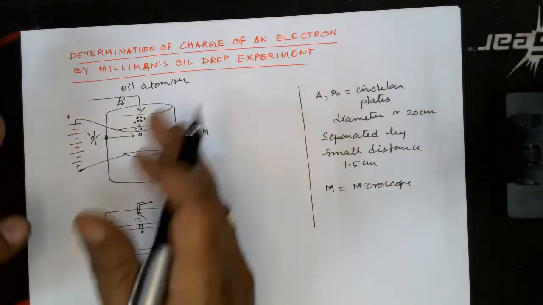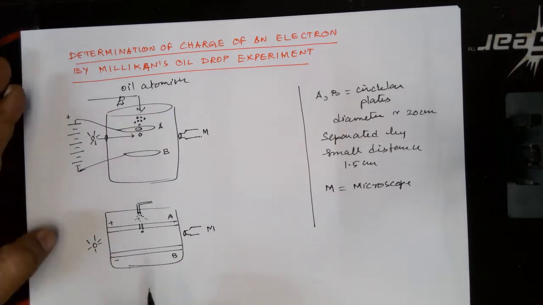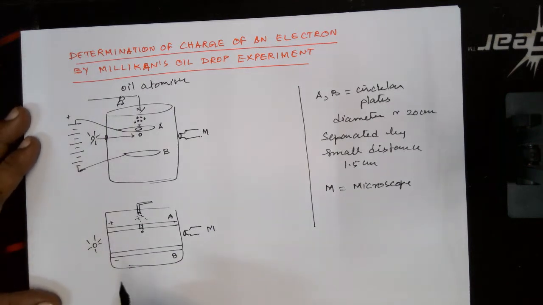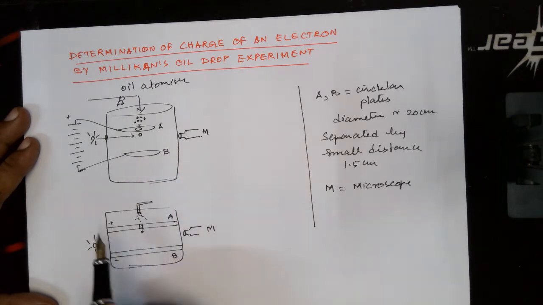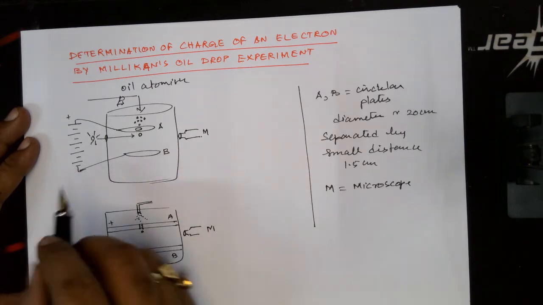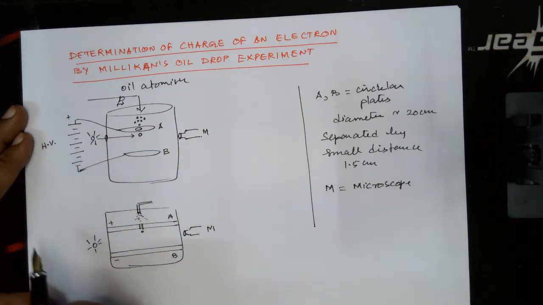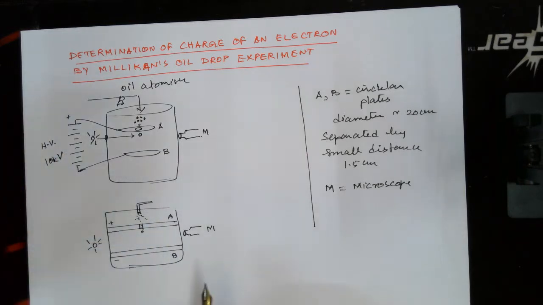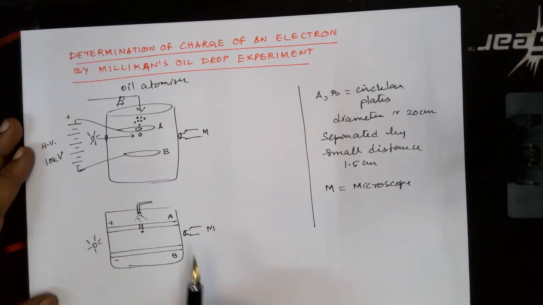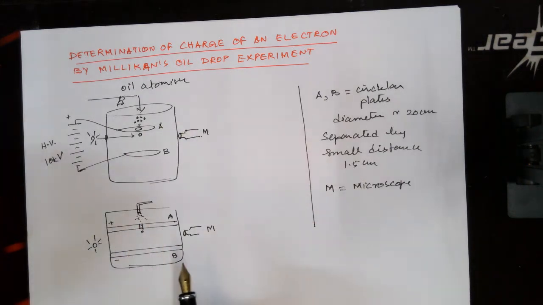So the plates are enclosed in a chamber of glass walls, and plates A and B are maintained at high potential around 10 kilovolt, that is 10,000 volt, and the electric field acts vertically downward.